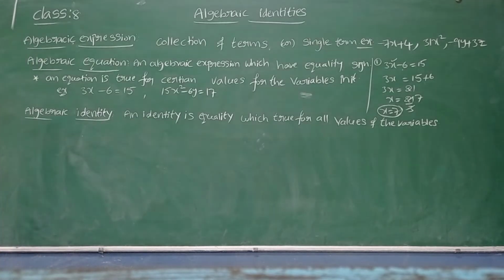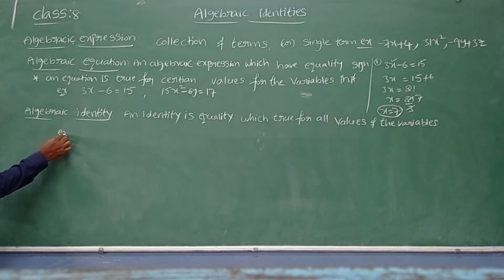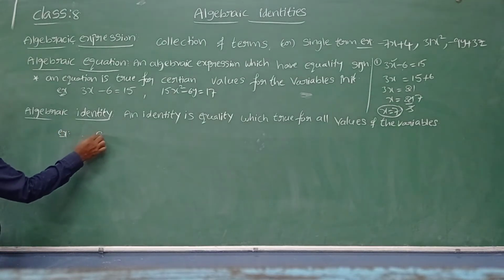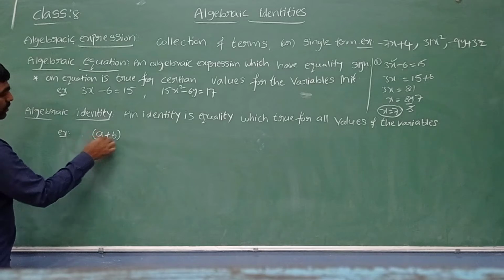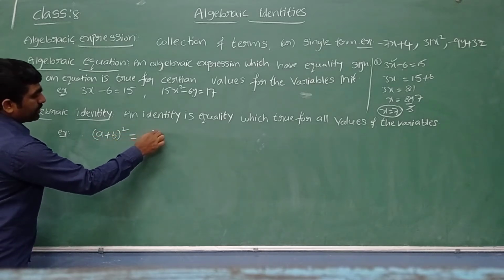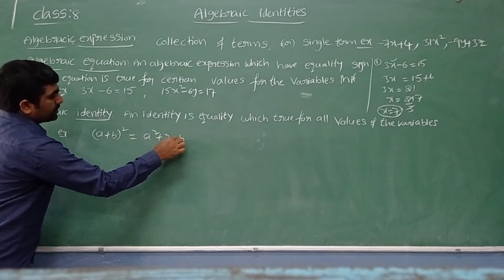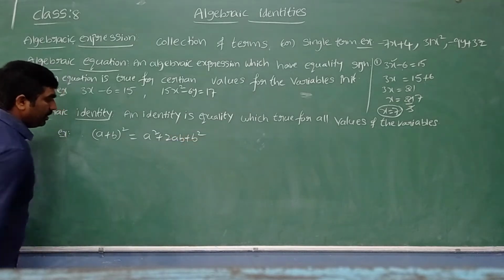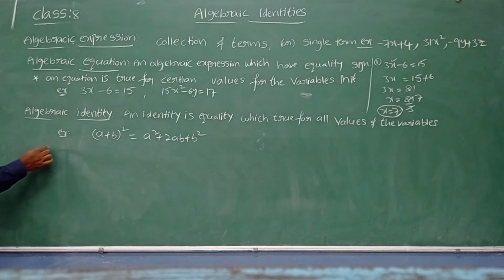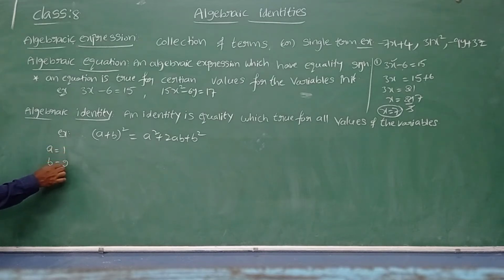Let me explain that with the help of an example. Let me take one identity like (a plus b) whole square is equal to a square plus 2ab plus b square. Now here you can see only two variables, a and b. Let me take a equal to 1, b equal to 2.